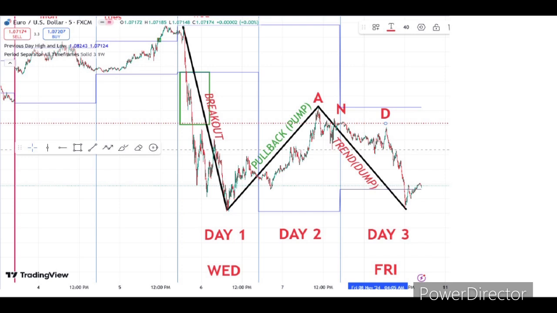Now, I've outlined the day count. You can see we have day 1, day 2, day 3, Wednesday, Thursday, Friday, respectively, okay? That is the static weekly day count that never changes. As far as this day count is concerned, remember this. The first half of the week, so Monday, Tuesday, Wednesday, is day 1, 2, and 3.